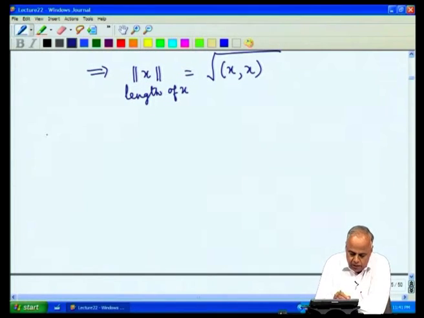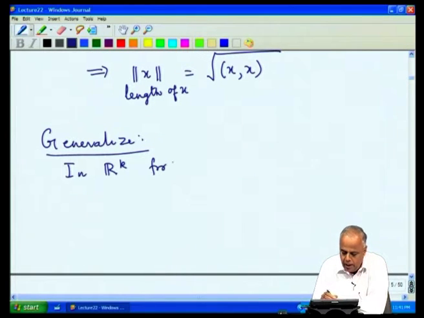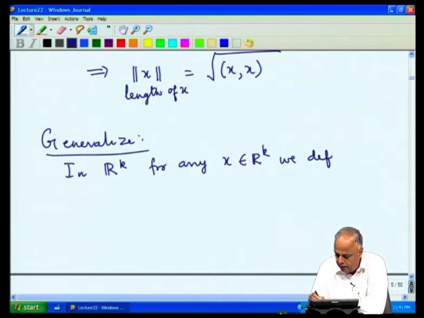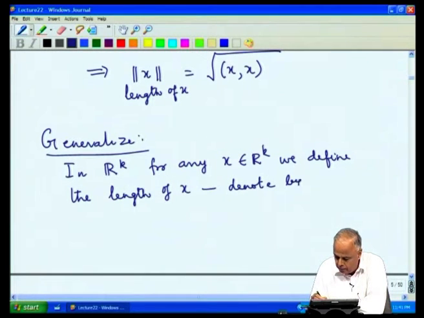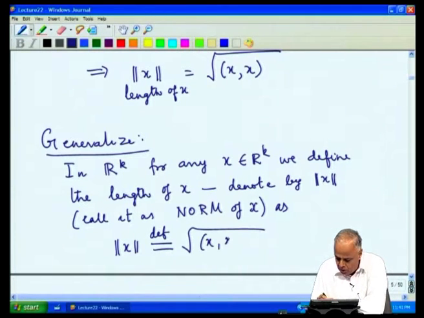So, therefore, generalize in R k, for any x belonging to R k, we define the length of x, which we denote by this symbol, and from now on call it the norm of x, as norm of x by definition is the square root of x comma x.